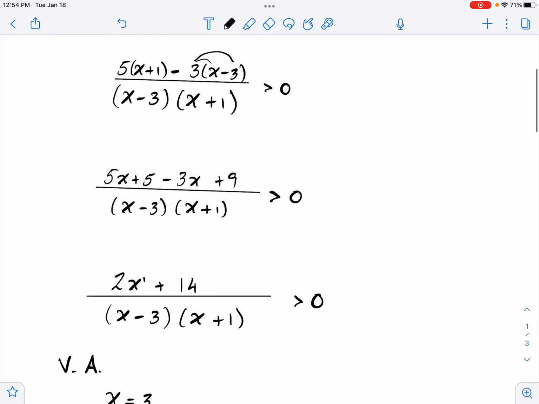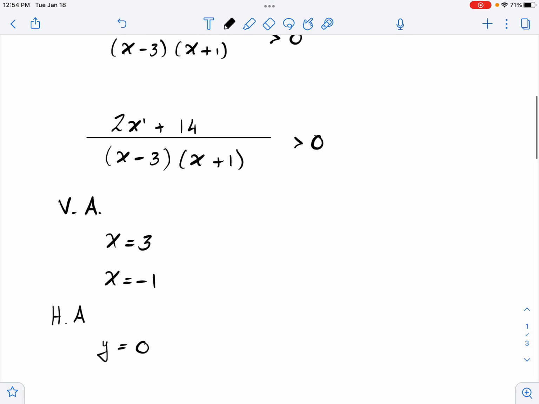My y-intercept is the value of my function when x is 0. And so I can see that that will be 0 plus 14, so I will have 14 in my numerator, divided by 0 minus 3, which is minus 3, times 0 plus 1, which is 1. So negative 3 times 1 is negative 3, so 14 over negative 3.